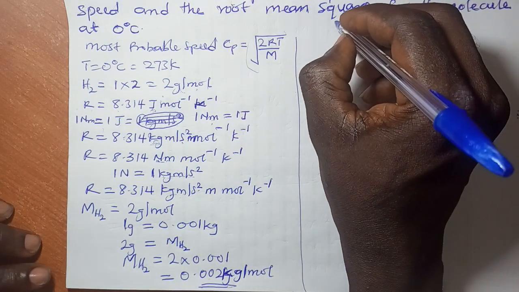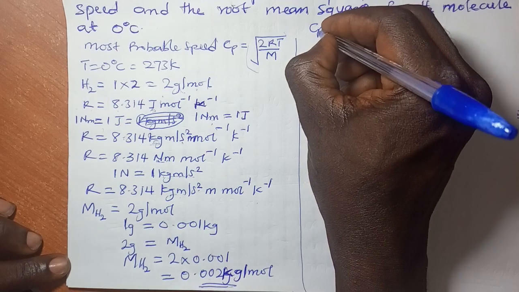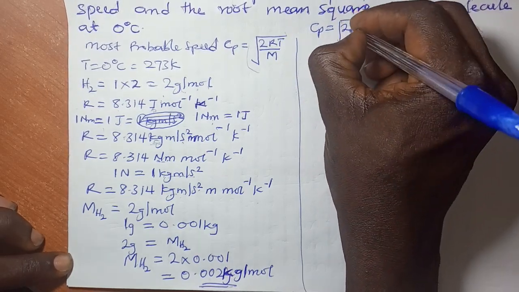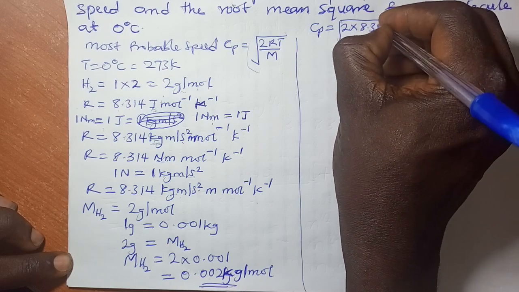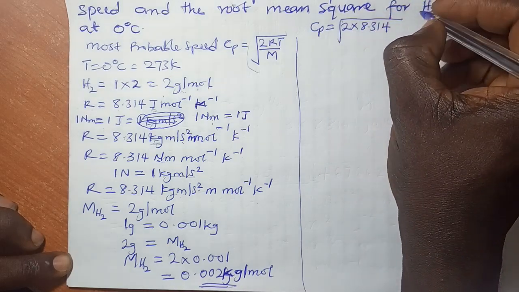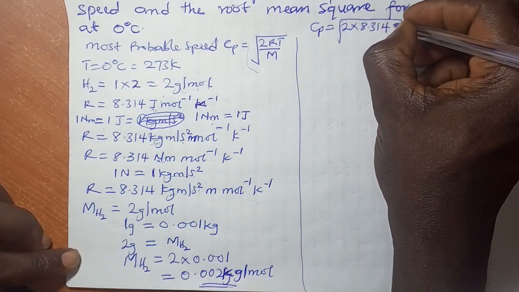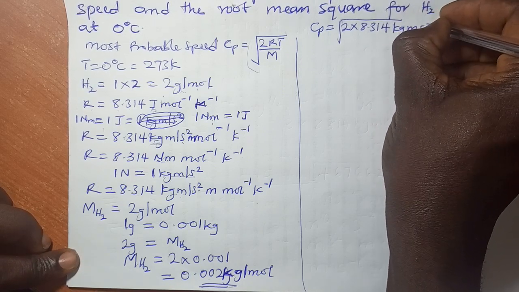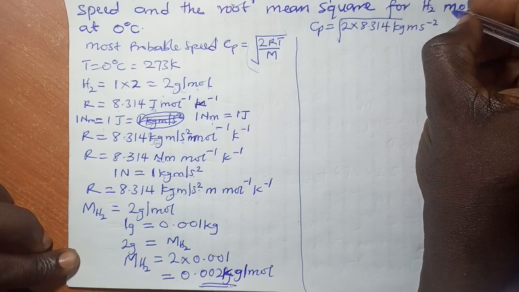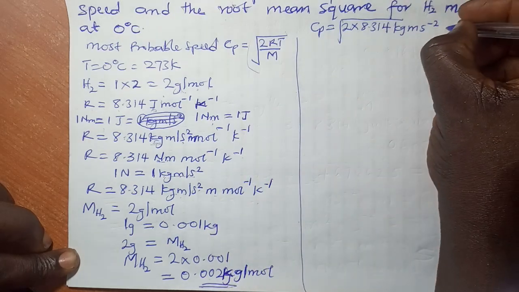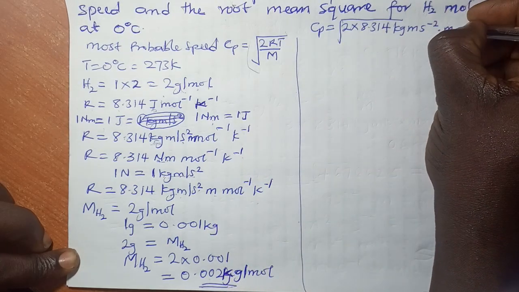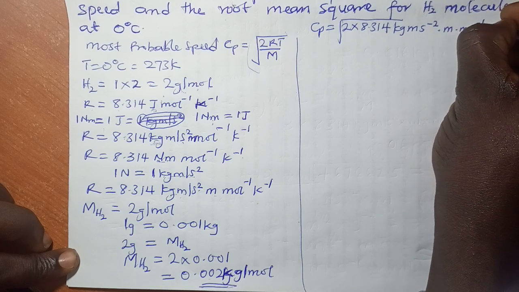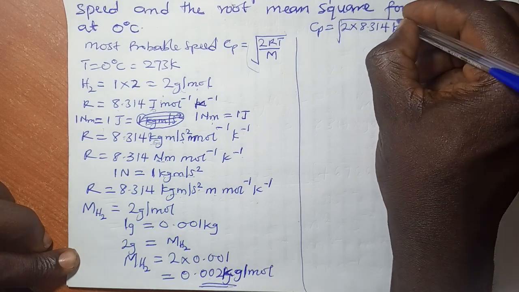So in that case, your most probable speed is equal to the square root of 2 times 8.314. Look at me, what am I putting here? I am using kilogram meter per second squared, then meter per mole per Kelvin.